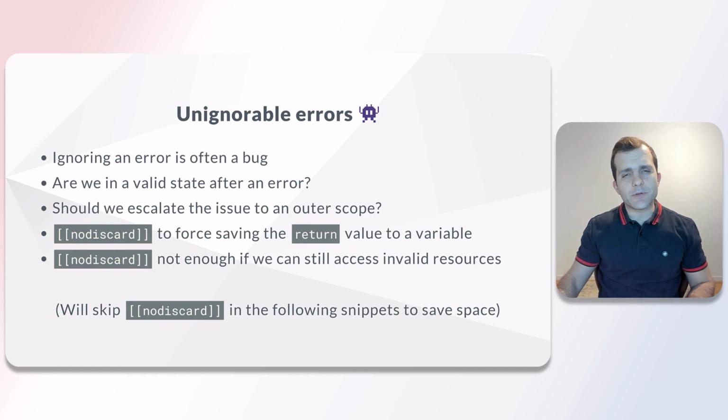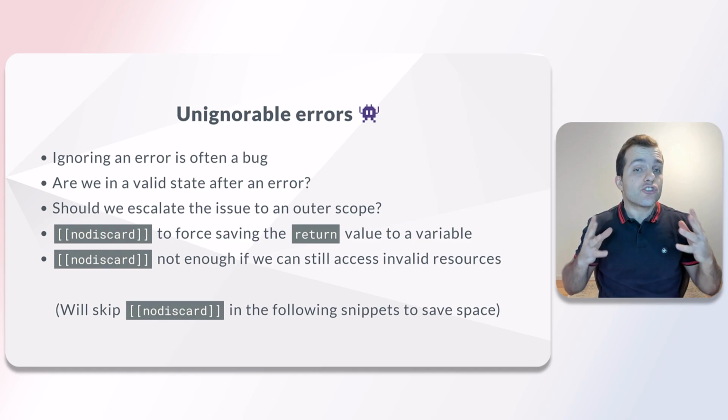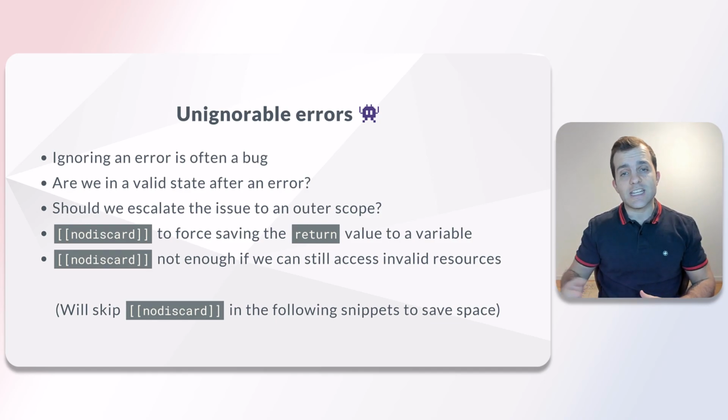You should absolutely use nodiscard for functions that may communicate an error state through the return value. That being said, it is not a silver bullet, as we will see soon. In fact, in all of the examples we will be looking at, we will assume that nodiscard is being used. I have not included nodiscard in the code snippets to make them shorter and easier to understand.